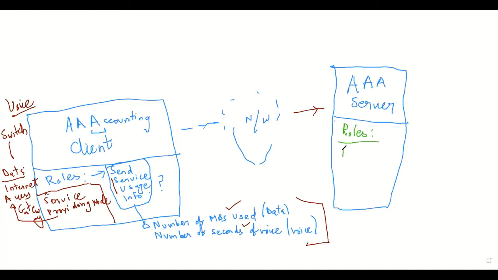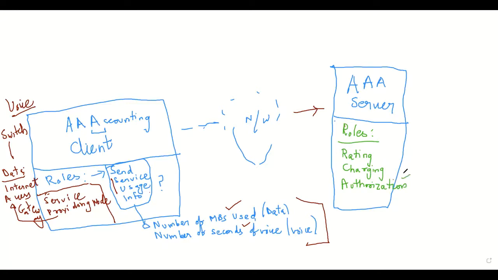First role is rating, charging, and in some cases, authorization as well, right? So I'll explain that.